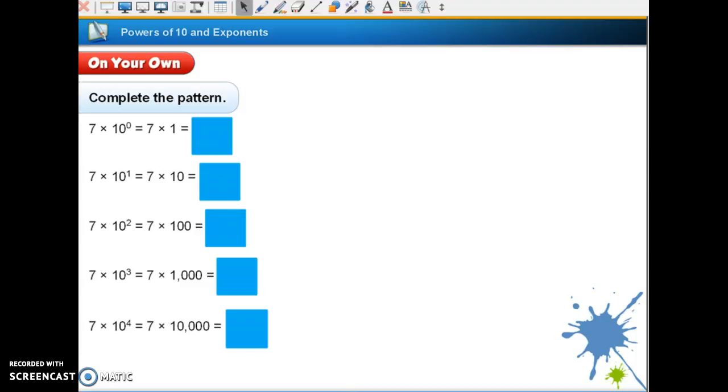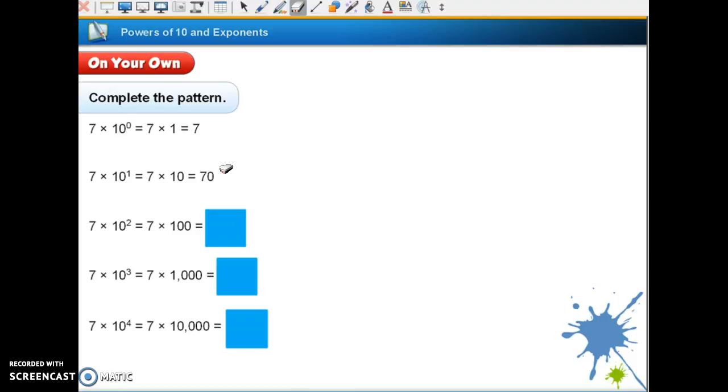All right, here we go. So 7 times 10 to the 0 power is the same as 7 times 1, which is 7. 7 times the first power of 10 is 7 times 10, which is what? 7 times the second power of 10. 10 times 10 is 100.